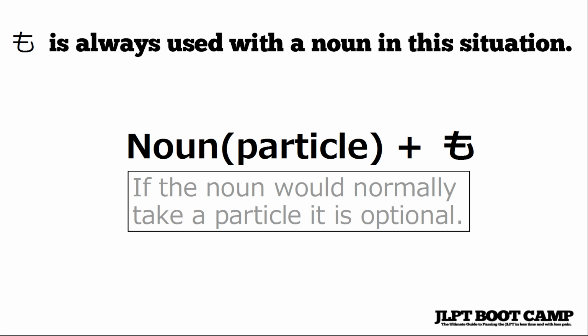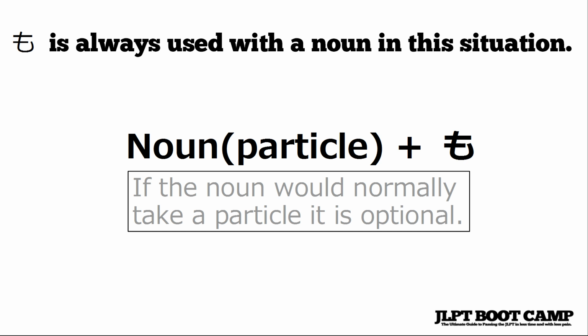We can put that in this situation. The particle is sometimes optional if it can be understood from the context. If it can't be understood from context, of course, you should put the particle in there, but if you can understand it from context, you can leave it out.